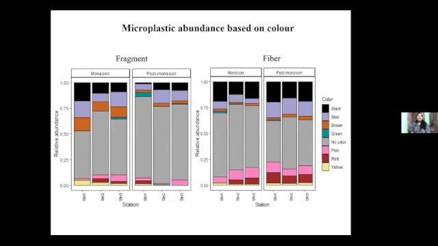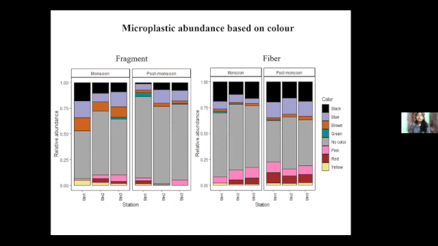Moving on, I also tried to understand the composition of microplastic on the basis of color. Why is it required to understand the microplastic distribution on the basis of color? Because a lot of zooplanktons, the filter feeders, confuse microplastic with food because of the color.